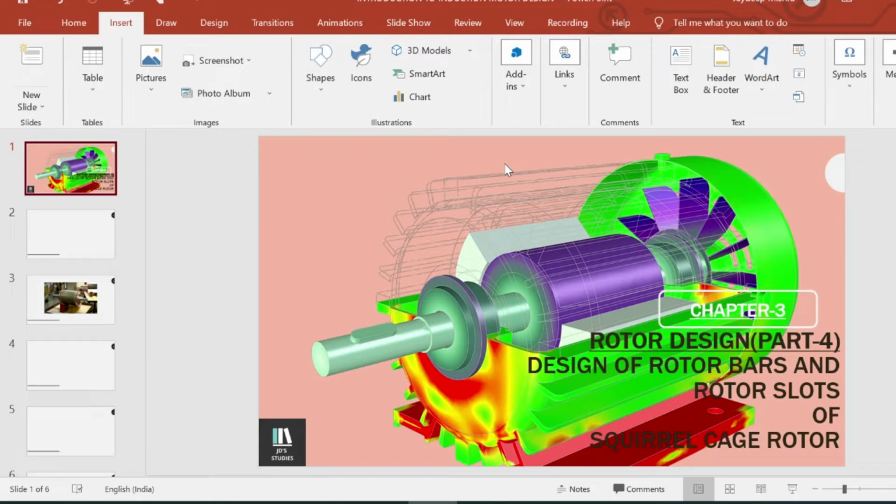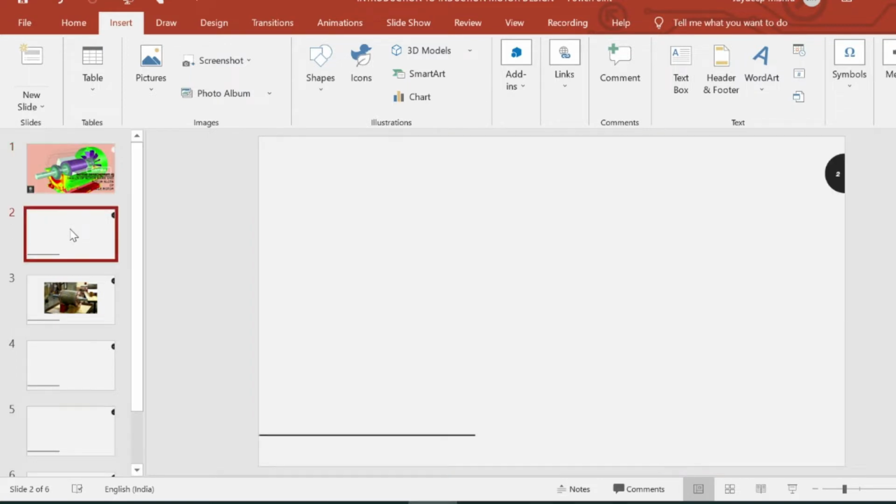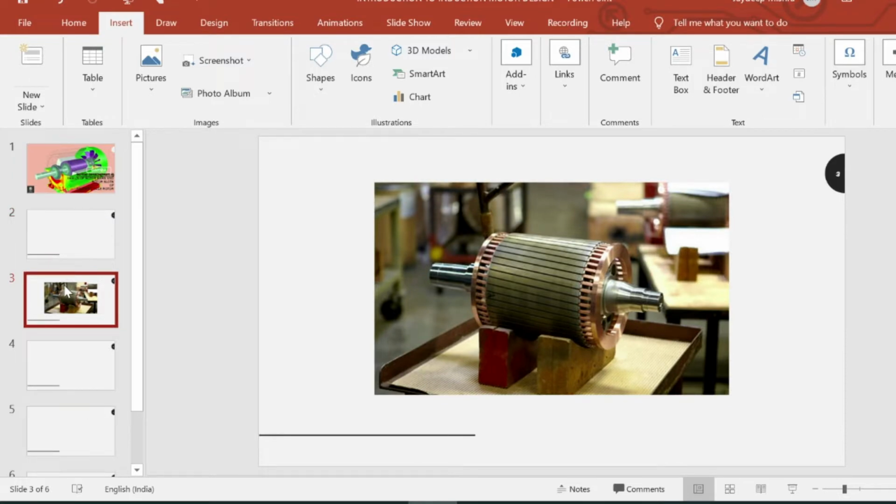In this section we will learn how to design the rotor bars and rotor slots of the squirrel cage rotor. In the design of rotor bars, we will first discuss the rotor bar currents. So what is the rotor bar current? Look at the picture.